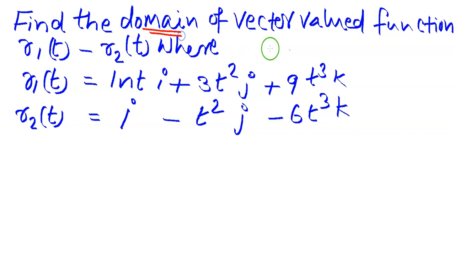Find the domain of vector valued function r1 of t minus r2 of t, where r1 of t is log t i plus 3t square j plus 9t cube k. r2 of t is i minus t square j minus 6t cube k.